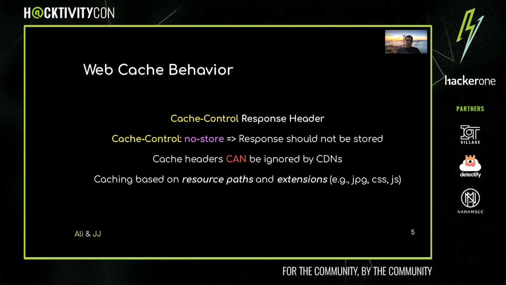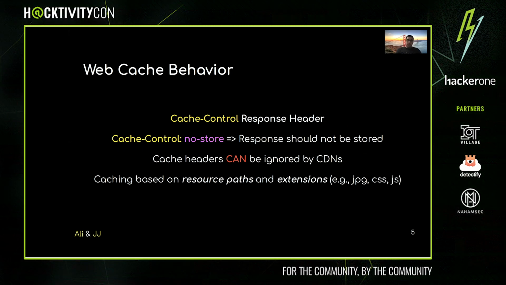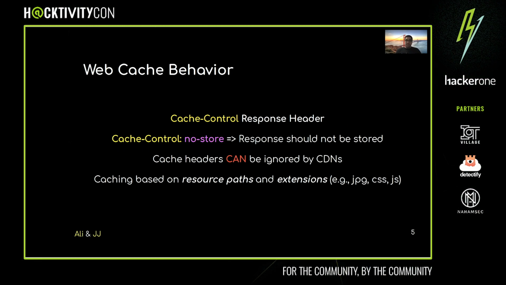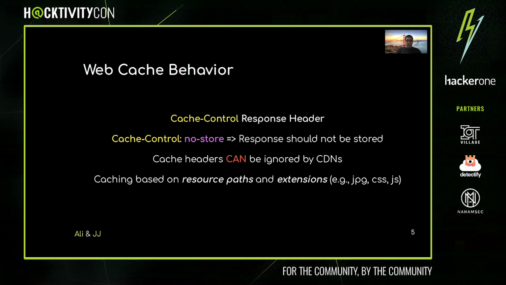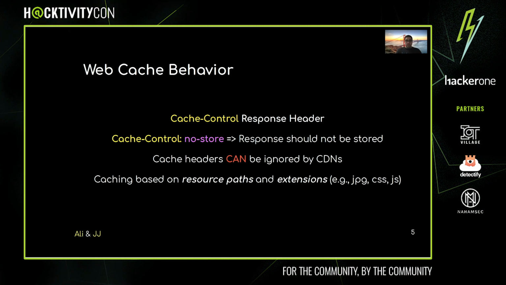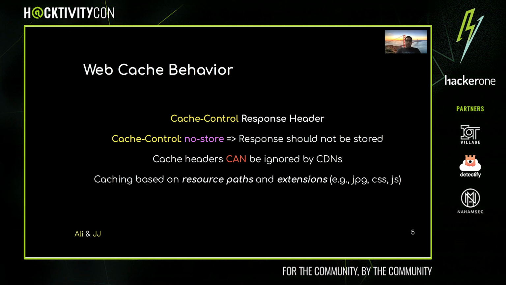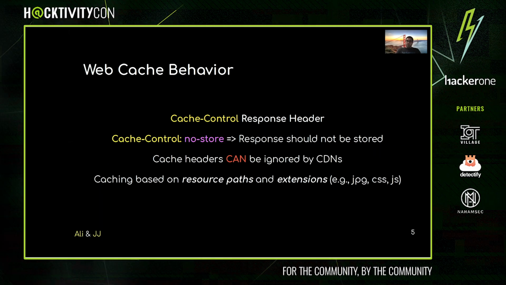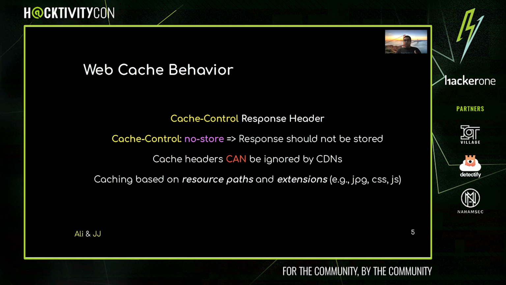Since web caching is an integral part of the web nowadays, the web community came up with some standards and protocols for the different components, such as the CDN, proxy, and servers, to communicate caching policies. One of the main ones is the cache control response headers, by which the web server can tell other components in the web how to behave with the response of that resource.